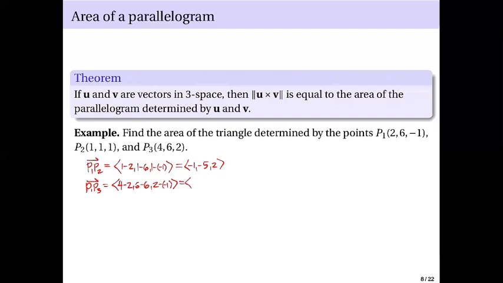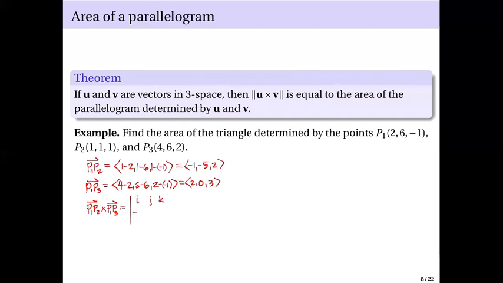4 minus 2, that's 2. 6 minus 6, that's 0. And 2 minus negative 1, that's 3. Then, next step, we get the cross product. So we have here I, J, K in the first row.